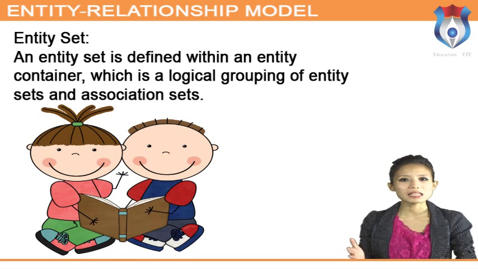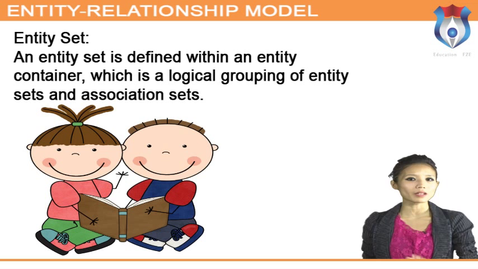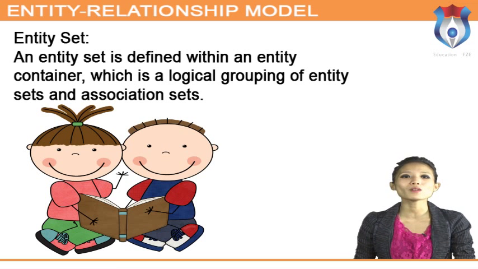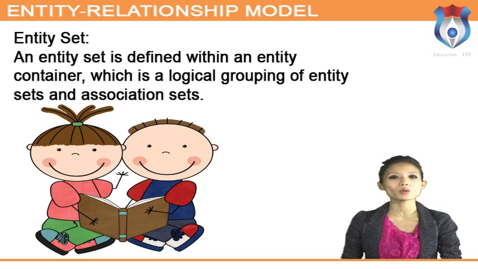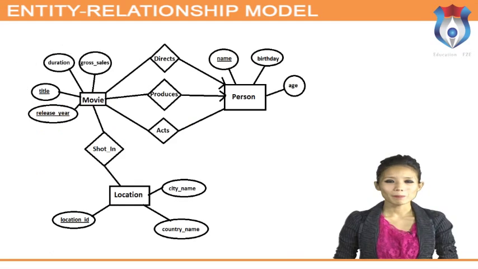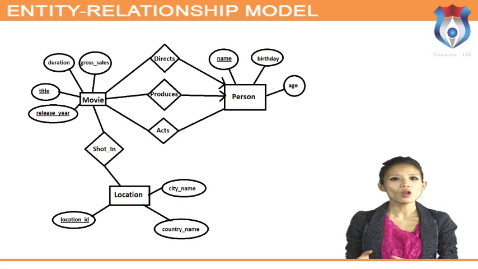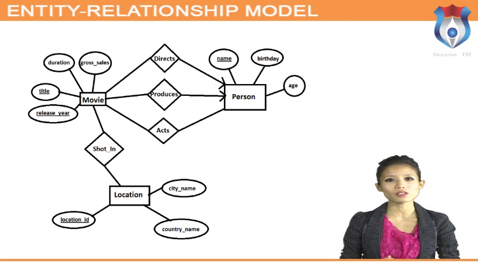An entity set is a logical container for instances of an entity type and instances of any type derived from that entity type. The relationship between an entity set and entity type is analogous to the relationship between a row and table in a relational database. Basically, an entity set is defined within an entity container, which is a logical grouping of entity sets and association sets.